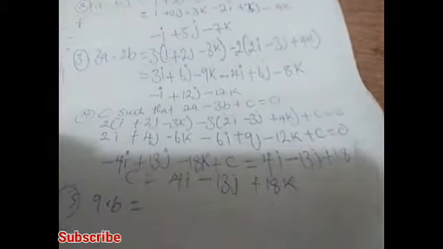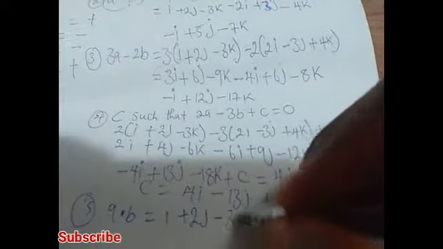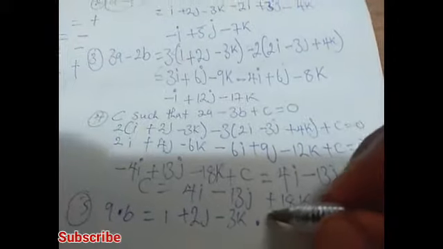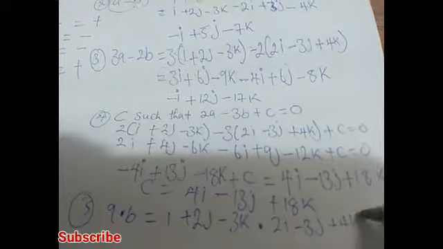Question 5 is a dot b. I'm giving you practically all the possible questions that can come out in this representation. We have a dot b, we have a cross b, but now we're going to do a dot b. So a dot b is i plus 2j minus 3k dot 2i minus 3j plus 4k.